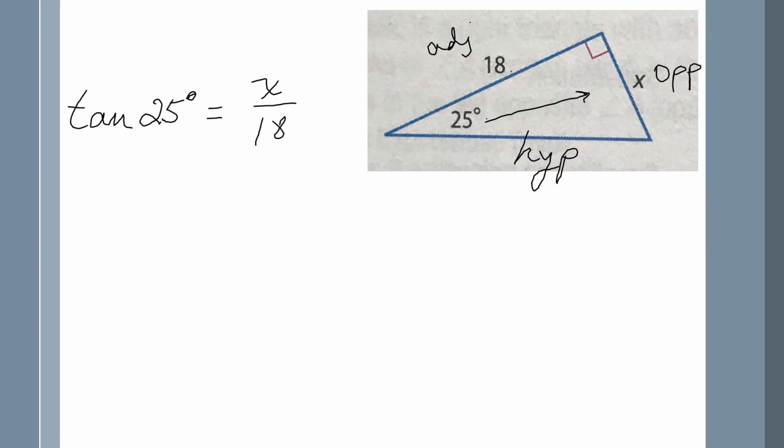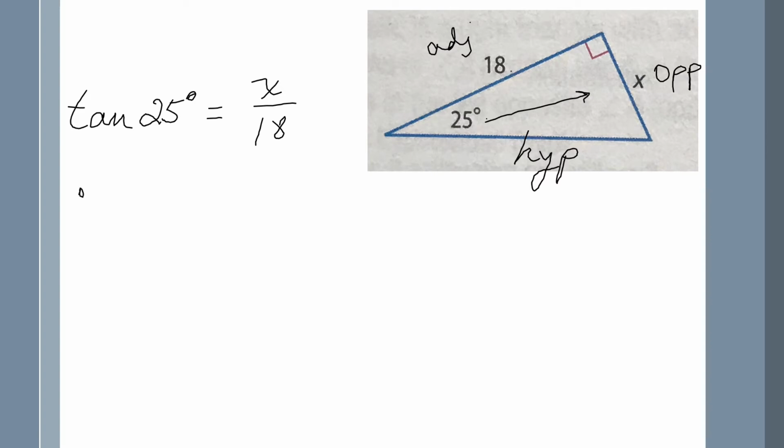So what you do is you can take your handy dandy calculator and use your tangent function of 25, and you enter that. Some calculators you put the number in first and then hit the tangent key. Other calculators you hit the tangent key and then enter the angle measurement, and you end up with 0.466308.